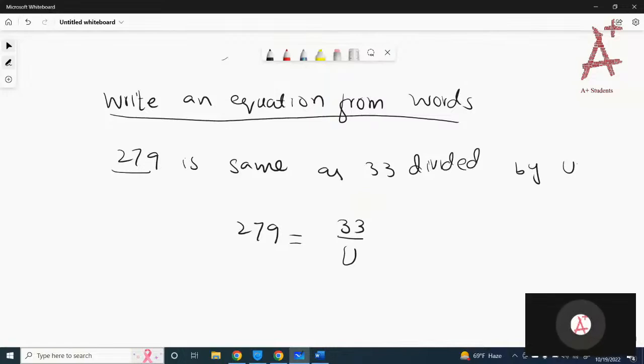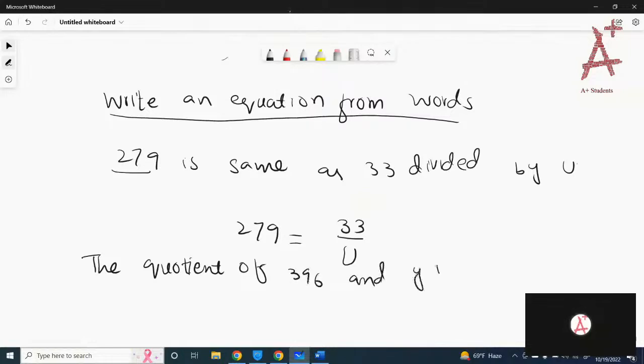Okay, the next one is the quotient of 396 and y is same as 51. Got it?